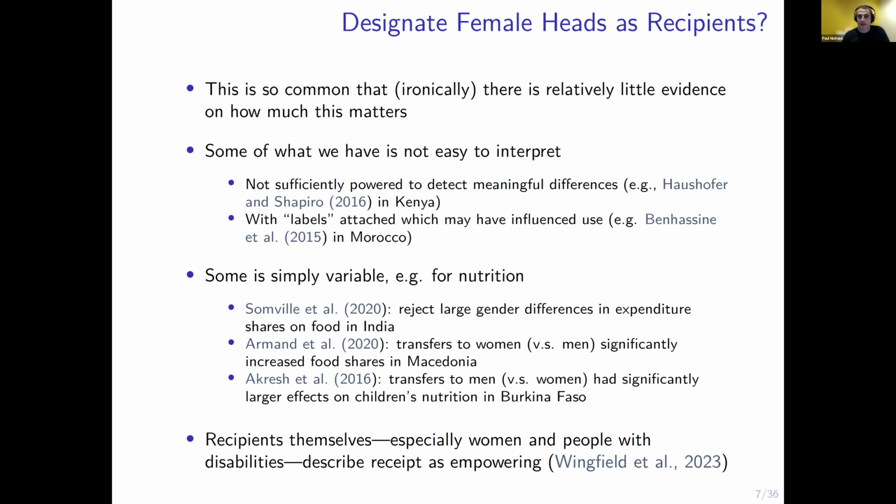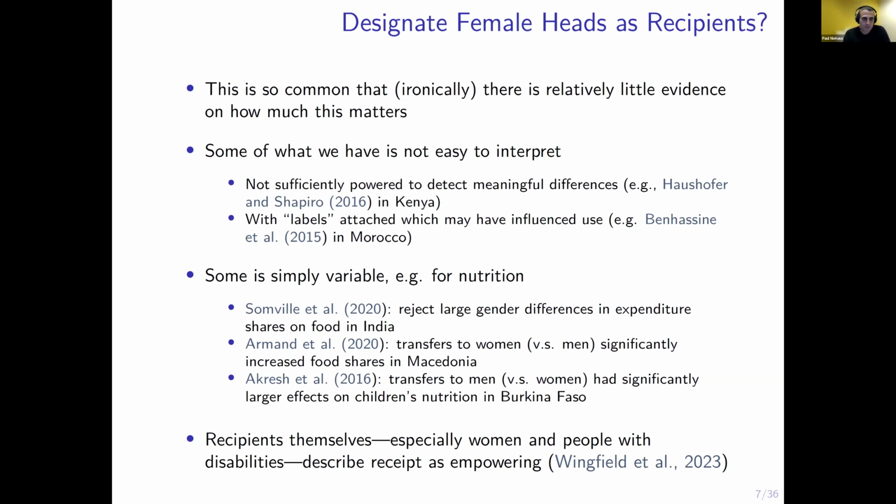In this case, labeled as being intended for use in education and on kids. And so the fact that we don't see differences there between how men and women use the money might reflect the labels, right? And things might be different without the labels. The labels by themselves, by the way, might be an attractive policy option.